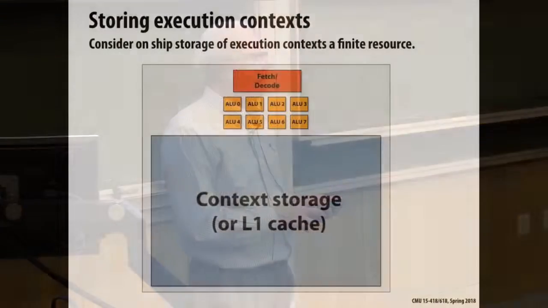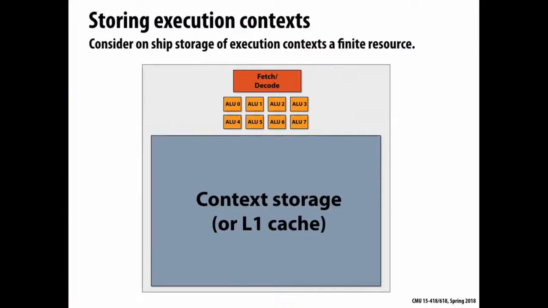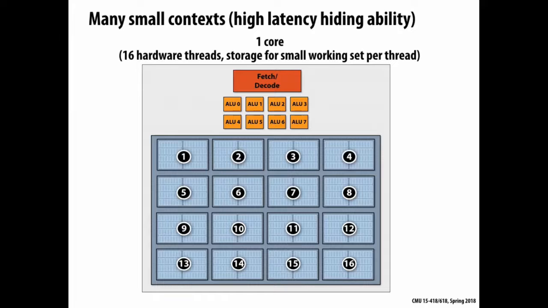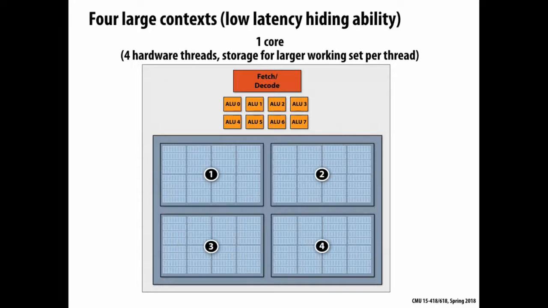But there is a trade-off: if I only have one thread I'm trying to run on this processor, I can devote the entire L1 cache to it, and I only have to have the register state for those registers. If I'm trying to do this multiplexing across 16 threads, then I have less storage I can devote to any given one of them. And you get the idea.